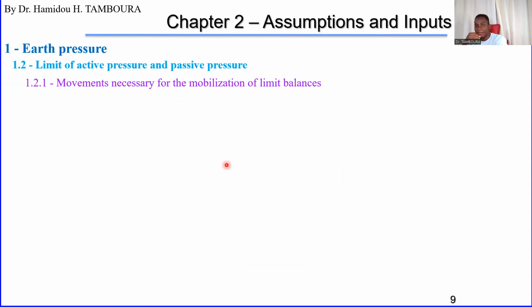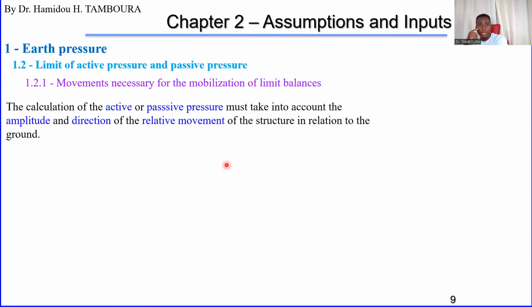The thing is, when you install a retaining wall, if there is no movement of the ground, the wall will not be working at all. The soil has to move so that the wall will work.